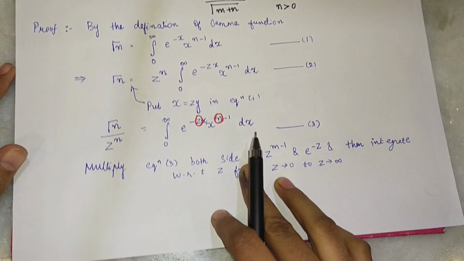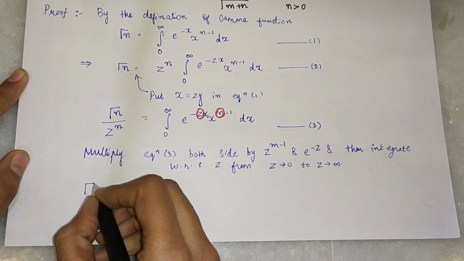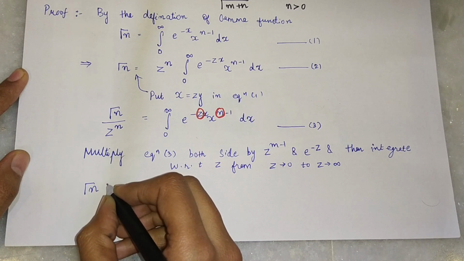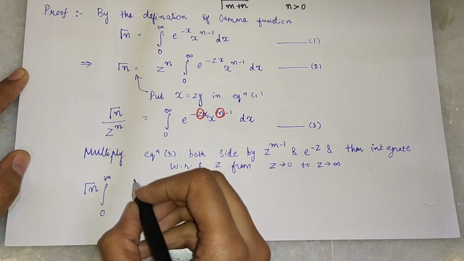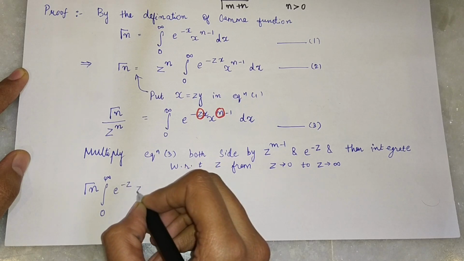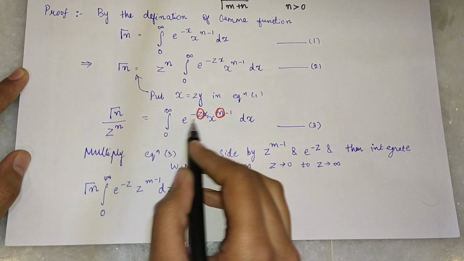So we can rewrite this equation as gamma n times the integral from 0 to infinity of e raised to minus z, z raised to m minus 1 dz, and this z raised to n we will take here.